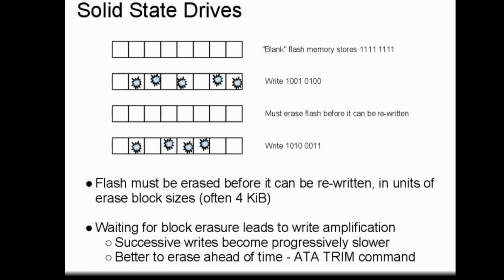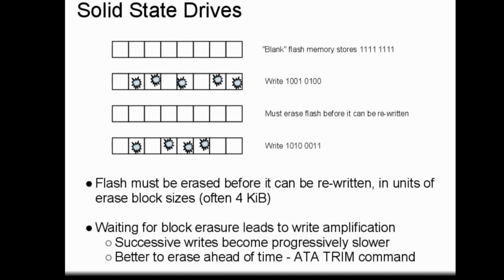In this diagram, we can see how a solid-state drive using flash memory works. Blank flash memory stores the value 11111111. So we have all ones here. If I want to write the value 10010100, I have to pop electrons into the second, third, 5th, 7th, and 8th flash locations, those bit locations.